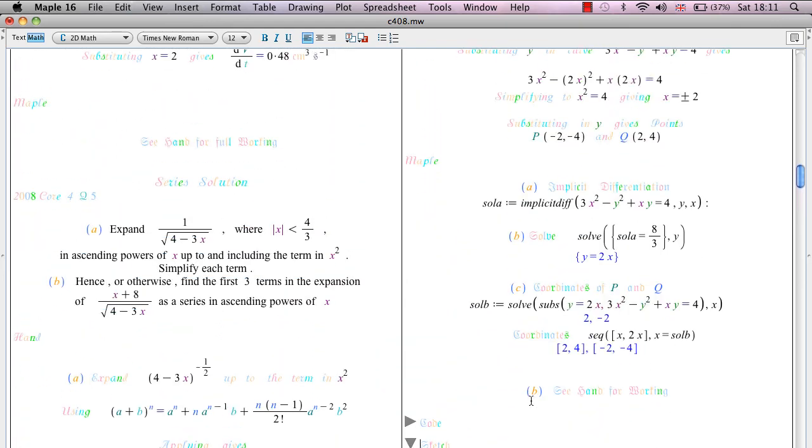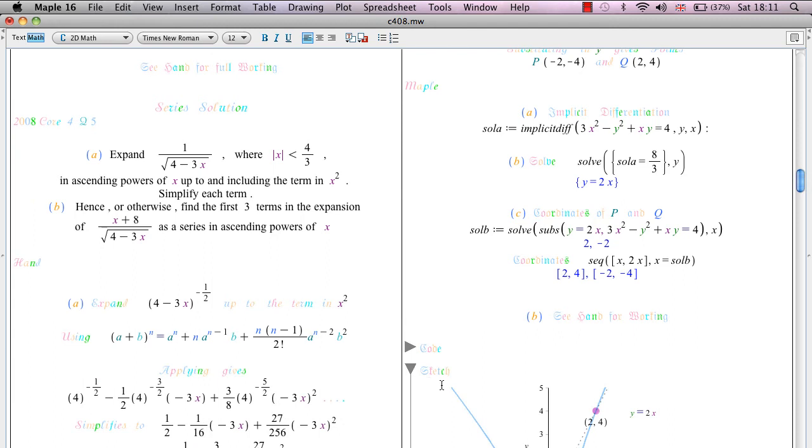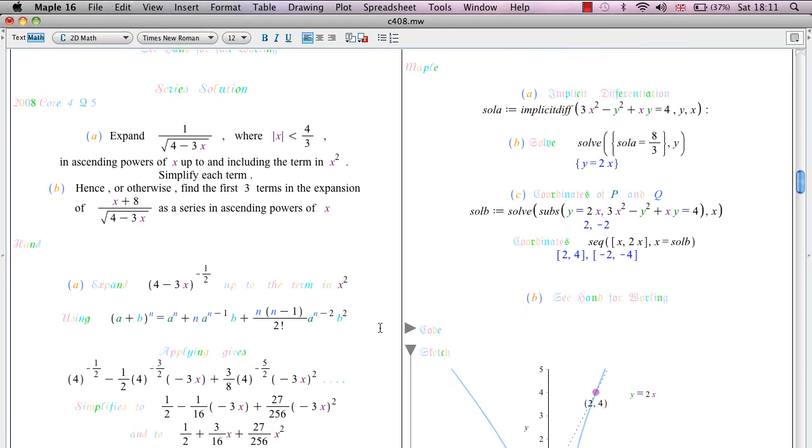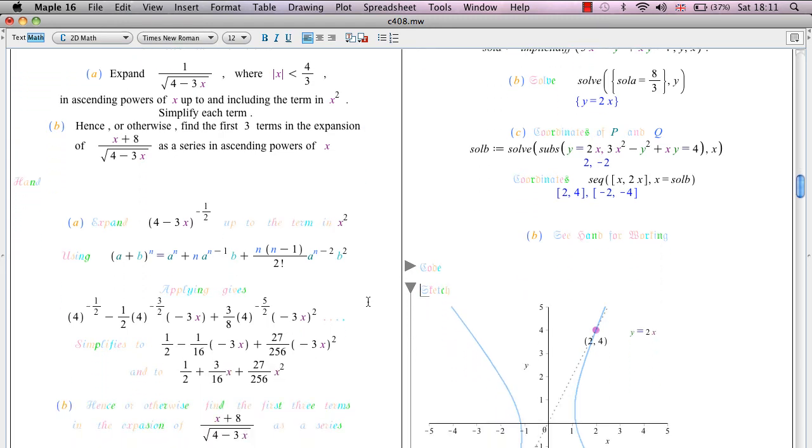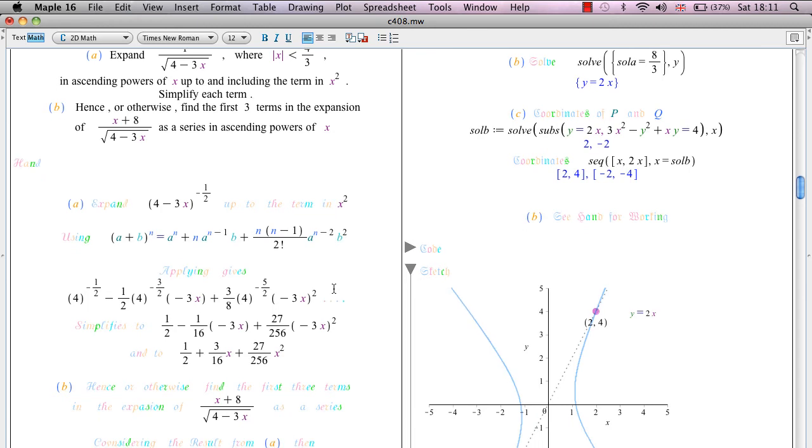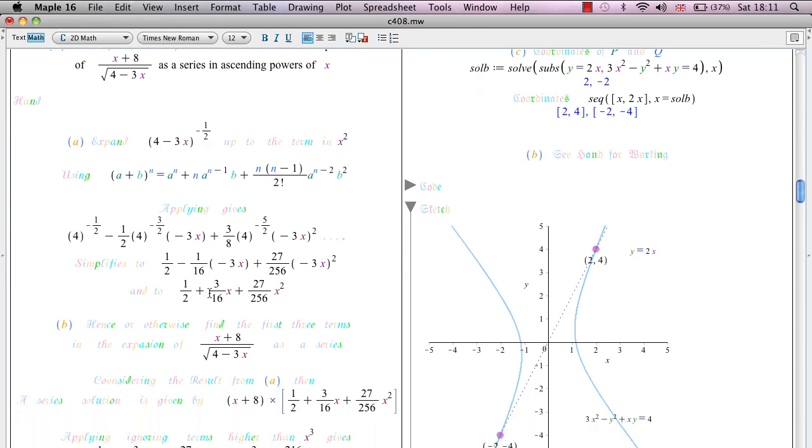Question 5, a series solution, the binomial expansion in A to x squared, and the expression in B, the first three terms. So applying the expansion in A gives this expansion.